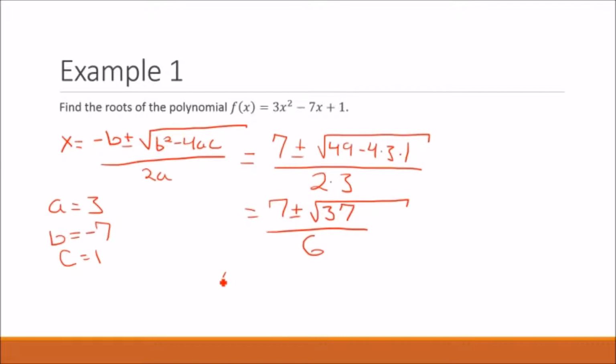So our roots are x equals 7 plus the square root of 37 divided by 6, and x equals 7 minus the square root of 37 divided by 6.